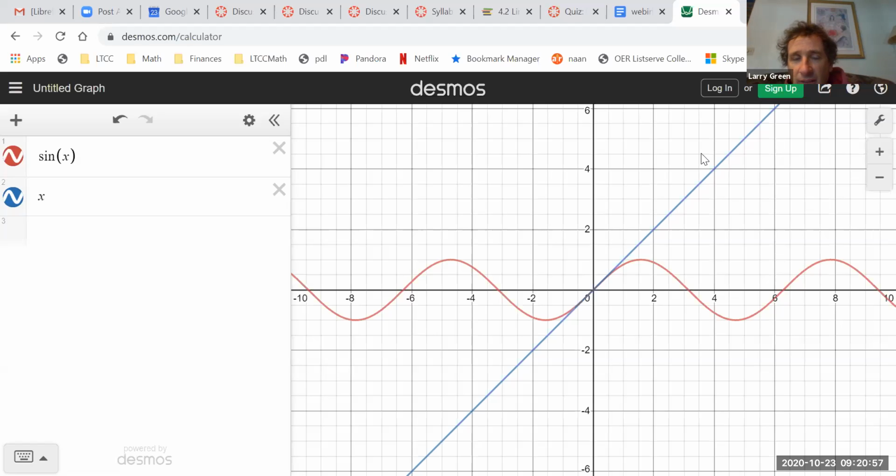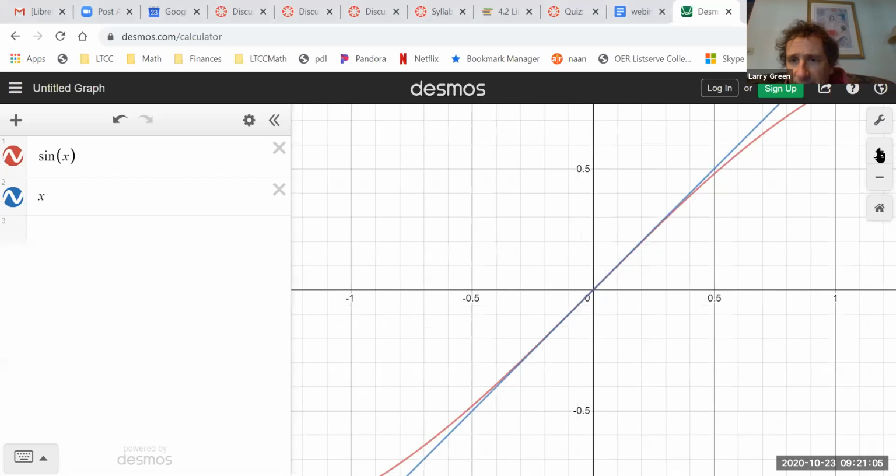Any questions on that? So again, this should feel like a review, which is okay. We're going to have examples, and then we'll have technical stuff and applications. So notice that as long as you stay pretty close, y equals x and y equals sine of x are basically the same function.